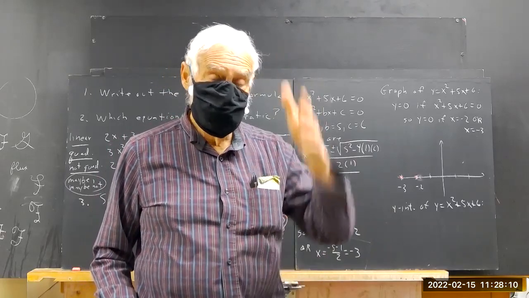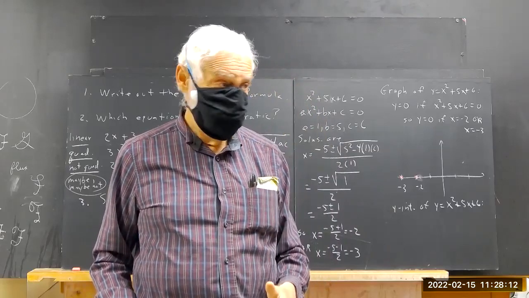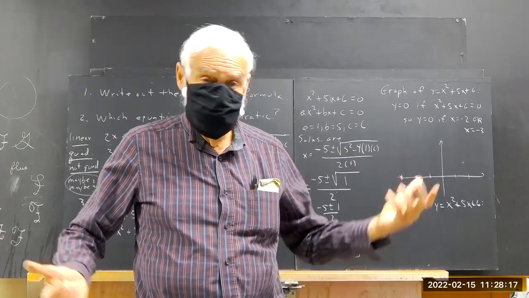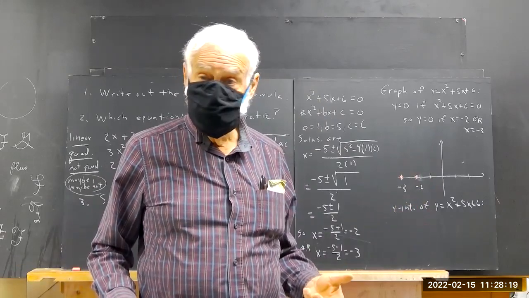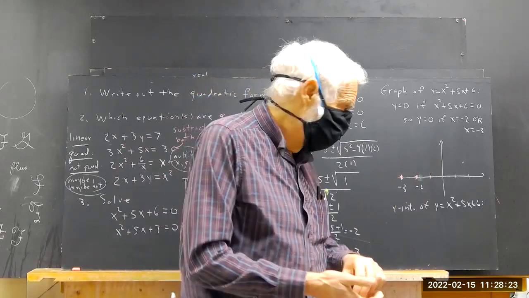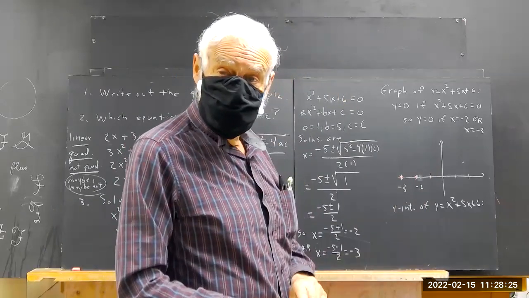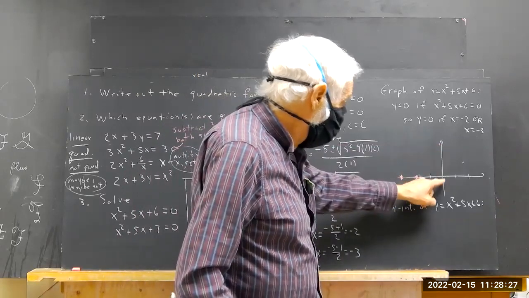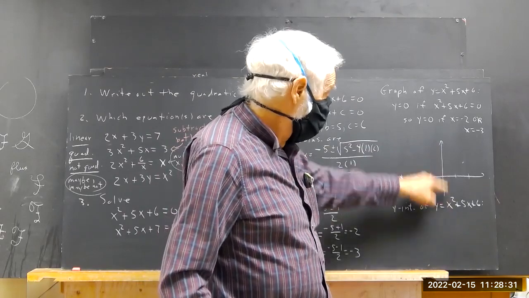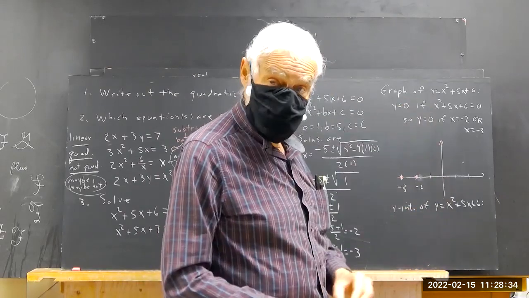What do all the points on the y-axis have in common? So you pick a point on the y-axis, what's the x-coordinate? It's 0. Any point in the y-axis has an x-coordinate of 0, right? Because any point in the y-axis lies above or below x equals 0.